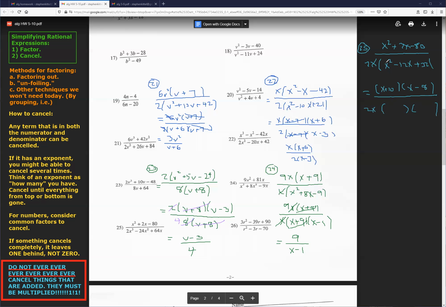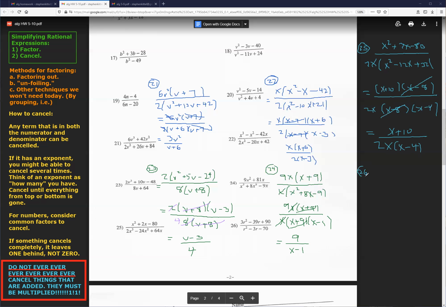And then from the bottom, multiplies to 32, adds to negative 12. So that's a double negative. It's going to be minus 8, minus 4. And we'll cancel the x minus 8 terms. Nothing else cancels. So the top is x plus 10, and the bottom is 2x times x minus 4. Done.